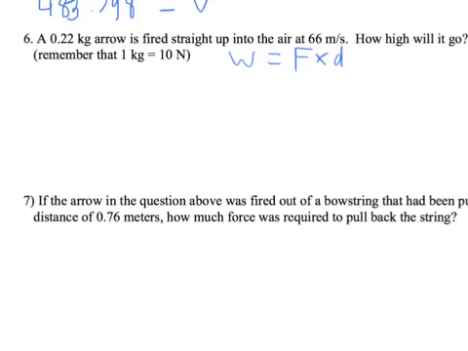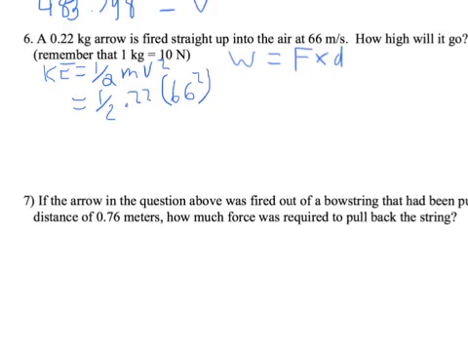Remember, work is measured in joules, and what I know here is meters per second, which measures velocity. So I'm going to have to use the kinetic energy equation to begin with. So I'm going to say kinetic energy equals 1/2 mv squared, and therefore I have half the mass of the arrow, which is 0.22, times the square of the velocity, which is 66 squared, and let's just see what that equals.